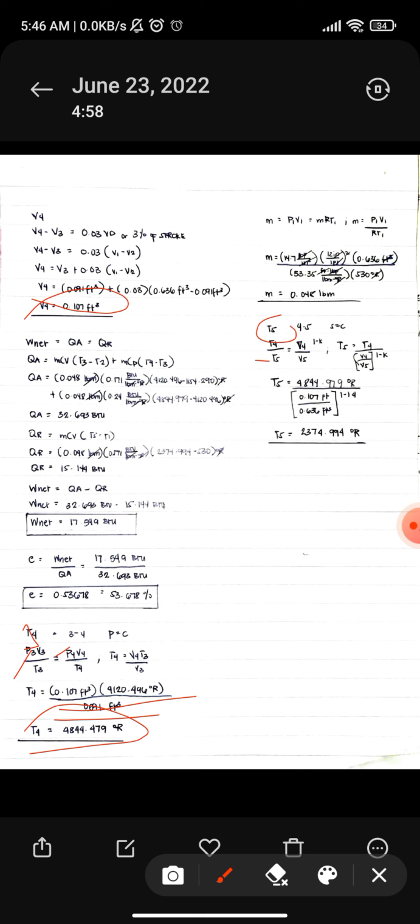So for the T5 naman, for the 4-5 S equals C. T4 over T5 equals V4 over V5 raised to 1 minus K. So derive lang natin to.